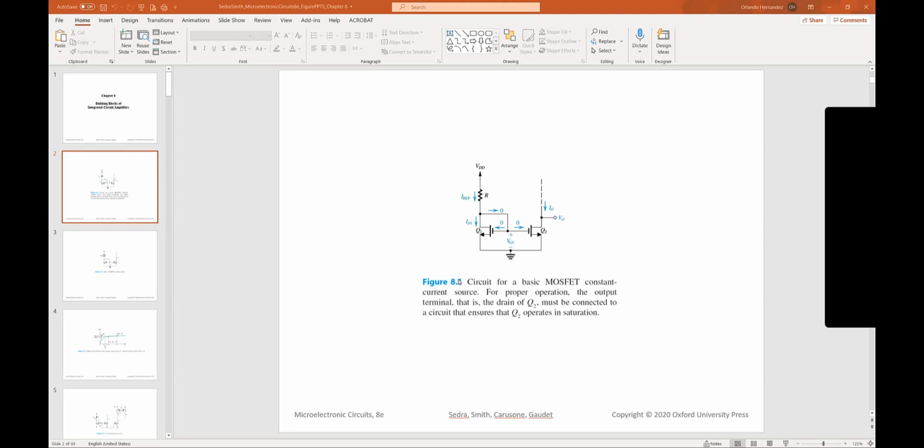So refer to figure 8.1 in your books as I'm going through the derivation here. For that circuit, figure 8.1, if I look at the drain current for transistor 1, I can write that equation, and they're both N channels.